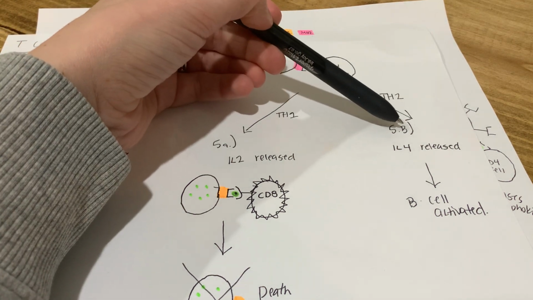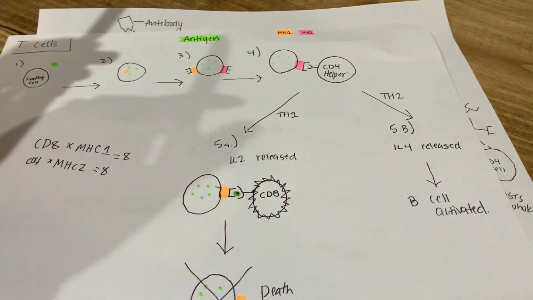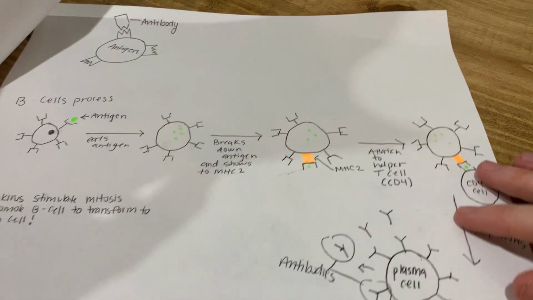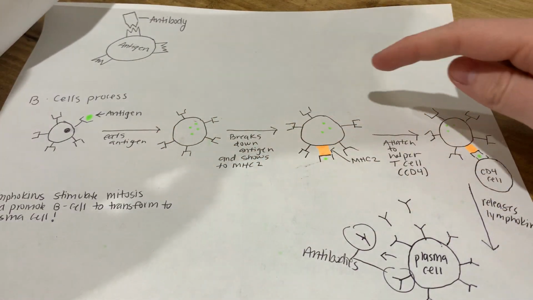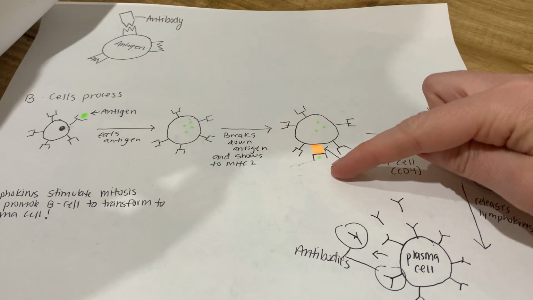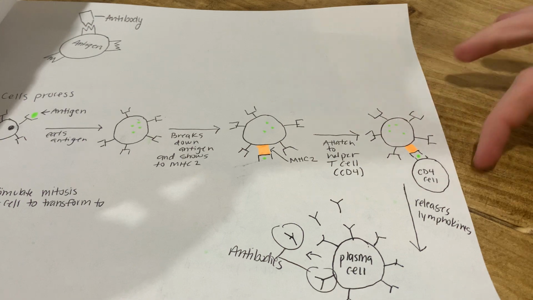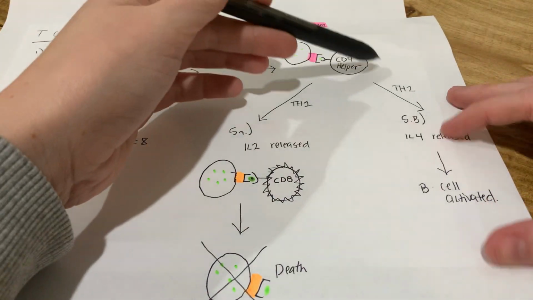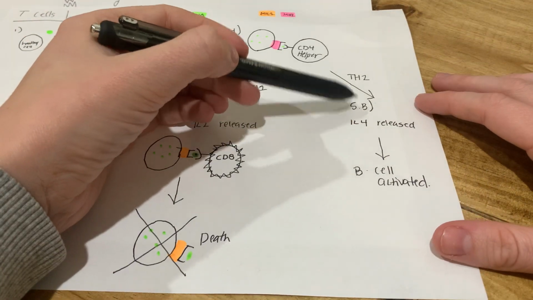CD4 will break off and either release TH1 or TH2. TH2 will release interleukin 4, which stimulates the B cell activation, which is what I just went through, where the B cells will take the antigen, break it up, show the MHC2, and then break it down, produce antibodies. So that is that pathway. But another quick math one.